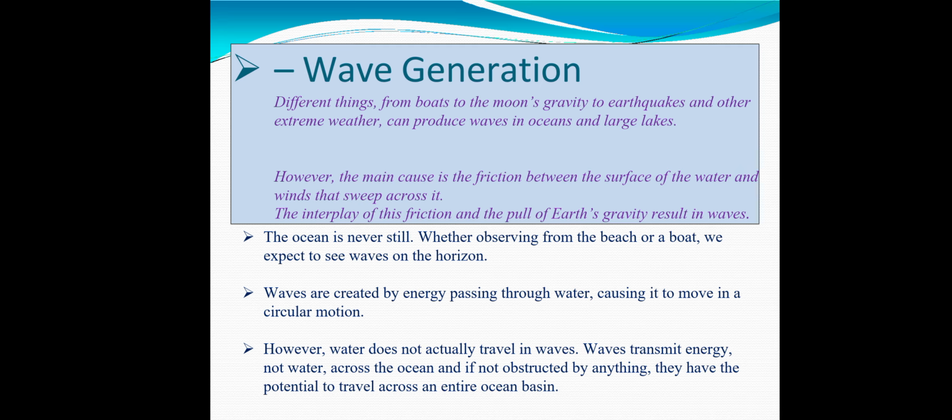And what are groins? Groins are coastal structures which are built perpendicular to the shoreline. And breakwaters are coastal structures which are built generally in the offshore areas parallel to the coast. So these are the important coastal structures.